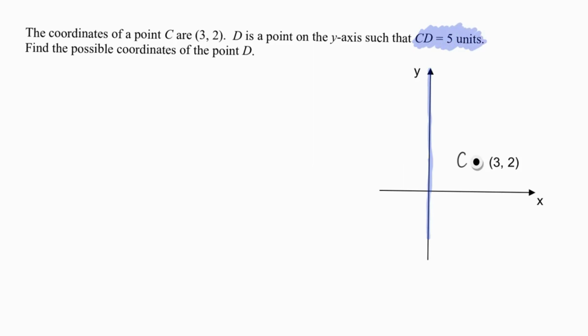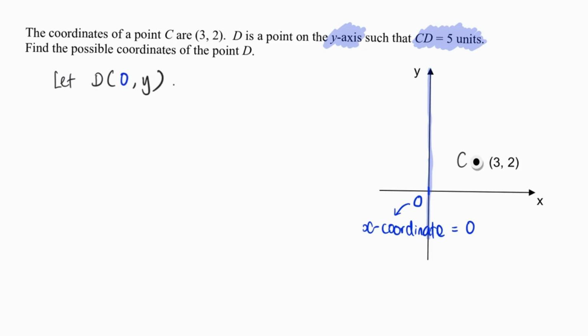So given that it is on the y-axis would mean that the x coordinate is always 0. So I'm going to let D be x is 0, but y we don't know, so I'm going to write as y.